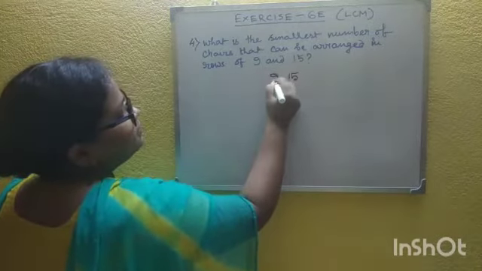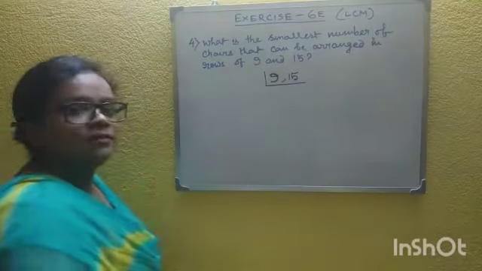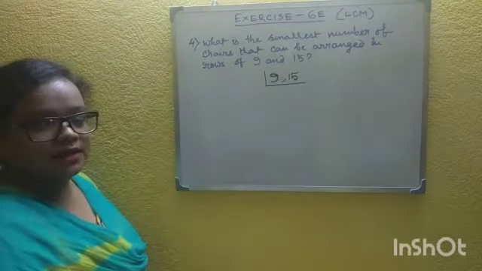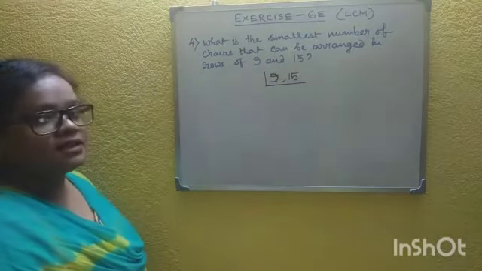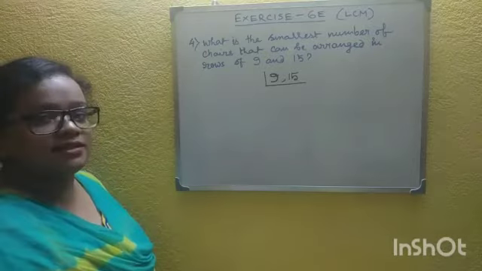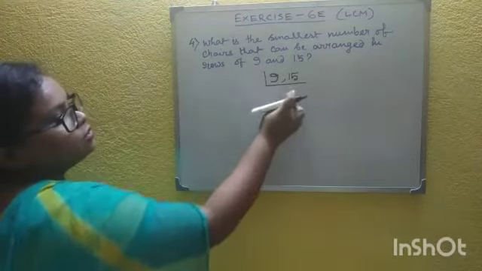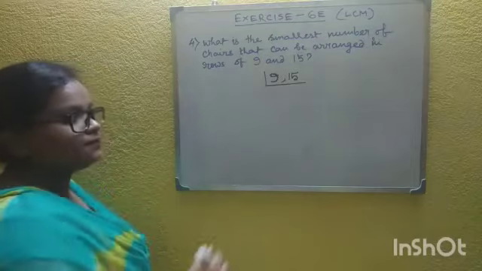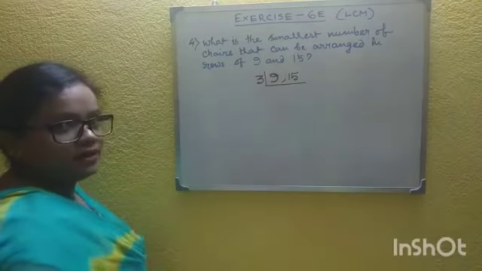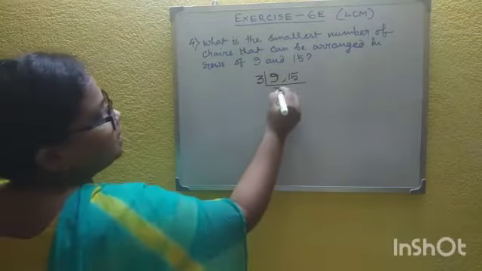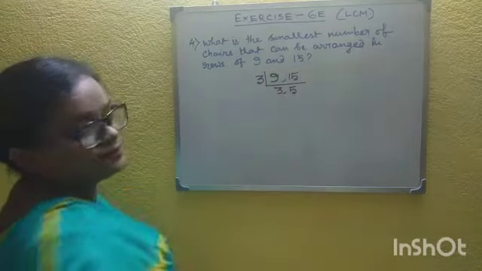Now 9 and 15 both are odd numbers and we cannot divide them by 2. So we will consider the next prime number, that is 3. Now these two numbers are divisible by 3. So write 3 here. Now we know 3 3s are 9 and 3 5s are 15.